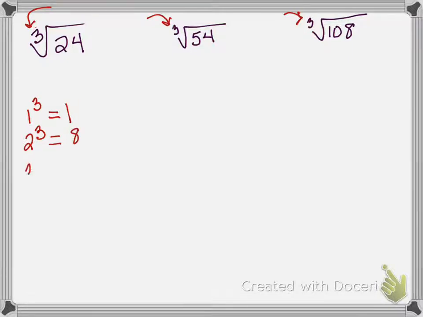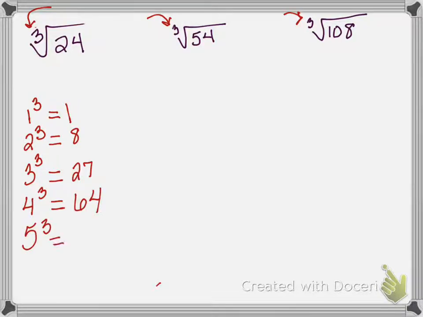Then I have 3 cubed, which is 3 times 3 times 3. 27. They get big very quickly. 4 cubed. 4 times 4 times 4. Good, 64. And 5 cubed is 5 times 5 times 5.